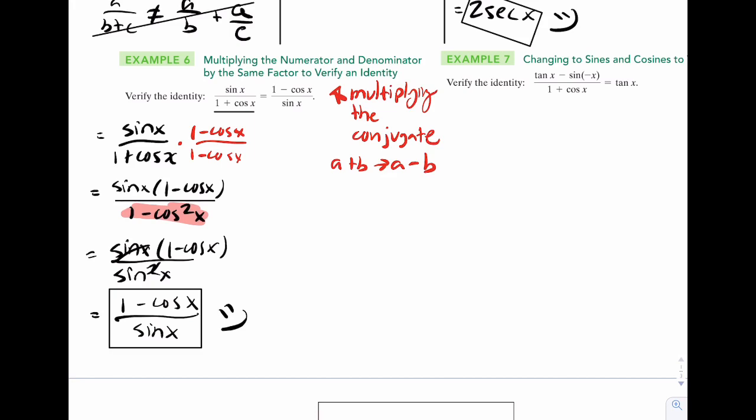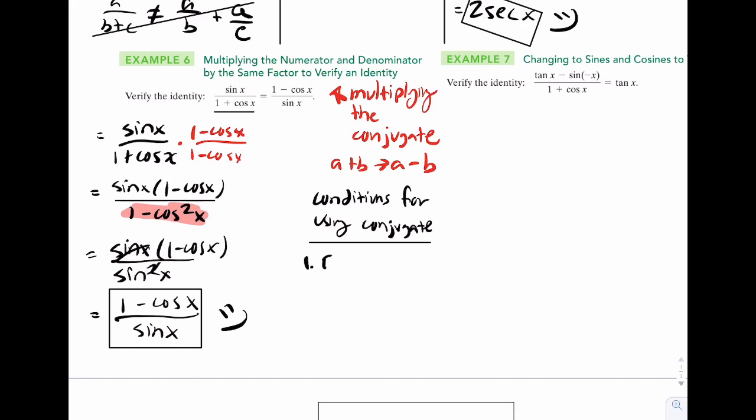And for thinking about when to do this, there are a couple conditions you want. So on our notes, let's put conditions for using the conjugate. This is not like the hard rules, but this works, I would say, maybe like 90% of the time.